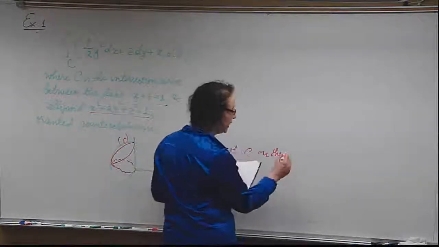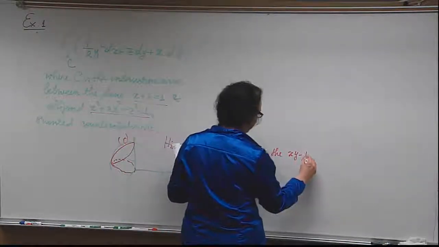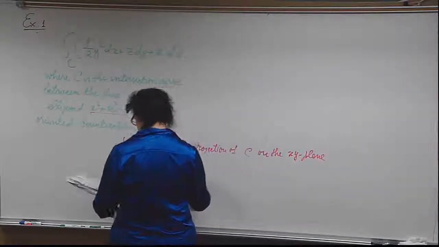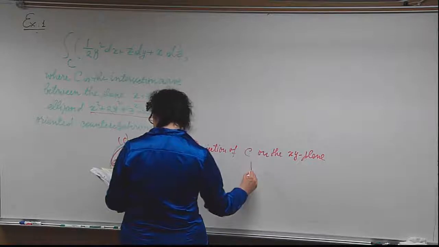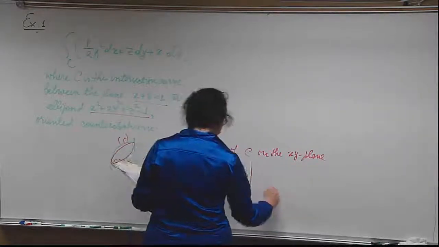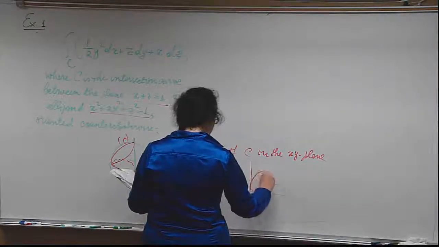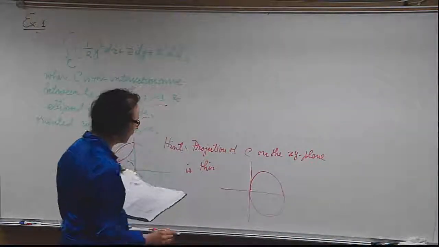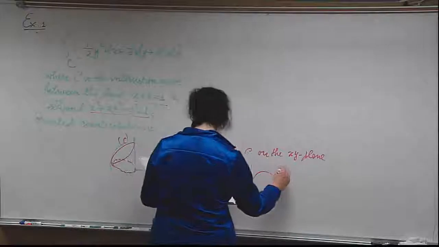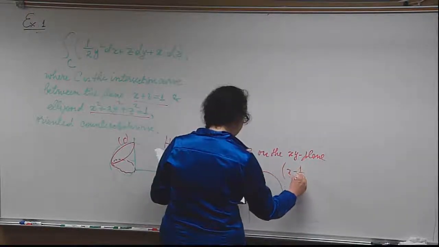How shall I say that? The xy plane, yeah, is this. And it looks horrible. And it looks like an egg. It's not supposed to be an egg, okay? It's a circle. I'm sorry if it looks like an egg.